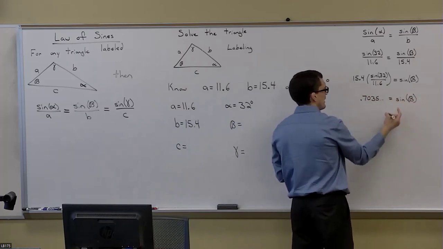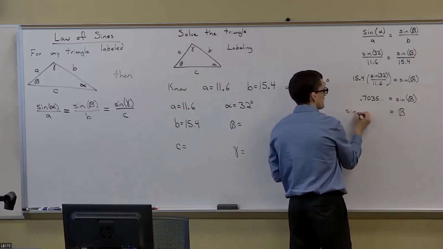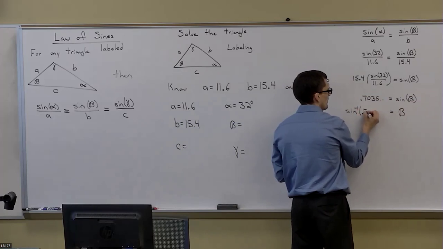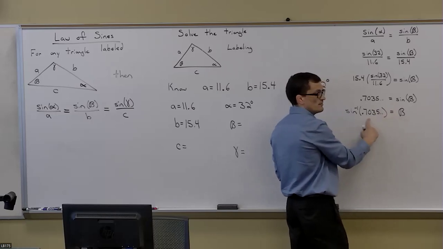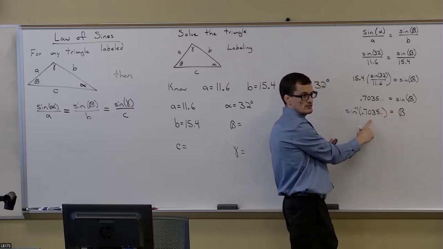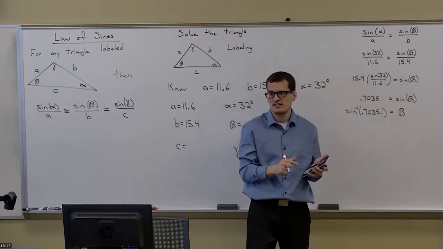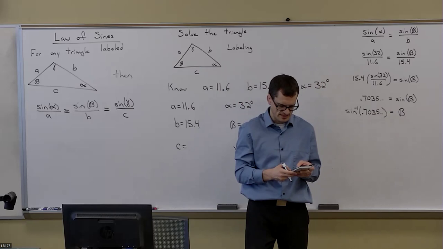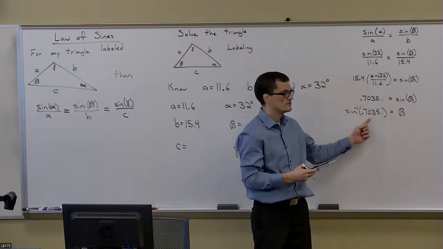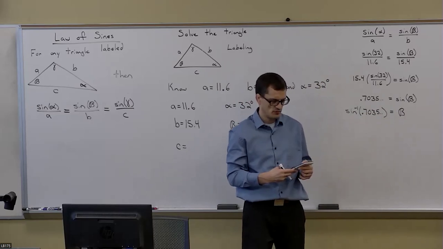And so I find beta by taking the inverse sine of a number. And the way I do that in my calculator, I don't round that number, not yet. Don't round it to 0.70 yet. Just take inverse sine and then hit second answer, right? So you guys know how to do that. Inverse sine and then second answer. So that puts in the exact value that you want.